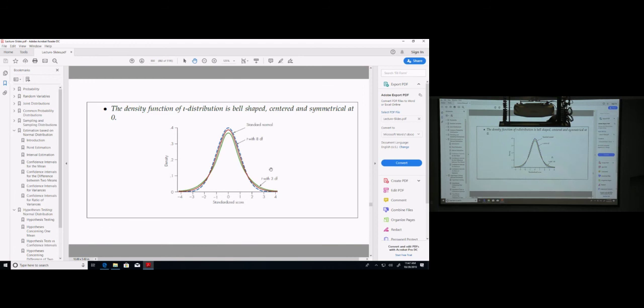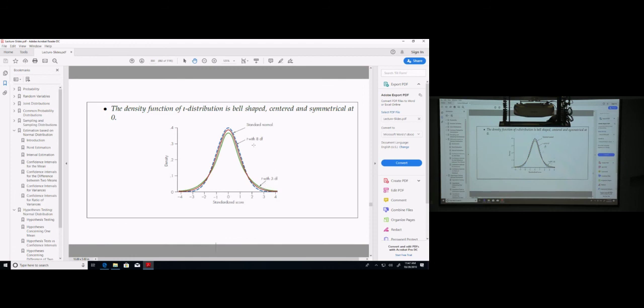So you will see that when the degree of freedom is small, it has a fatter tail. So if you want 5% in the green case, and you mistake it for the blue, which is the normal, then you are underestimating the area. All right, so that is why you need a correction.